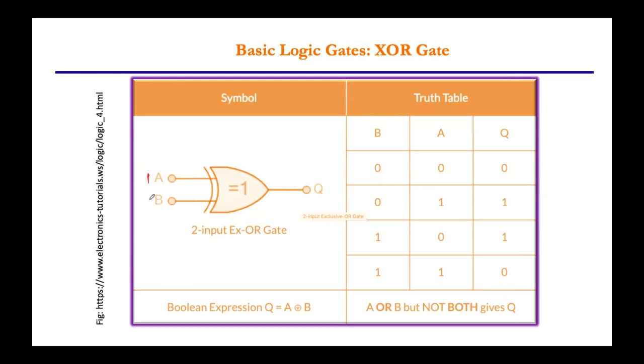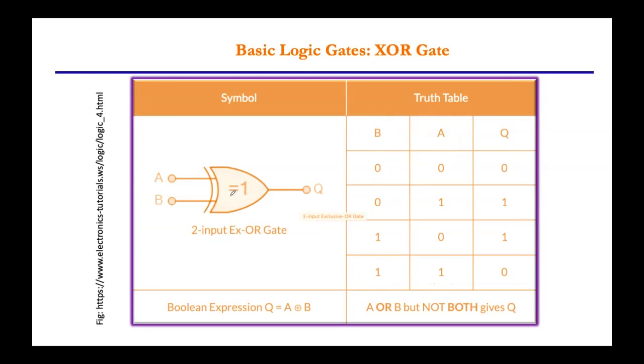If A is 1 and B is 1, the result will be 0. So it simply says if both the inputs are the same, then the result is 0. In all other cases, the result is 1.